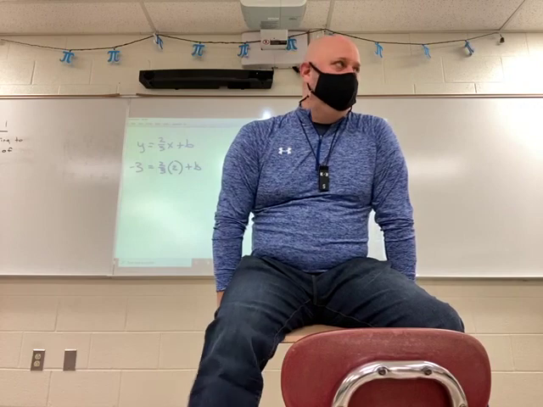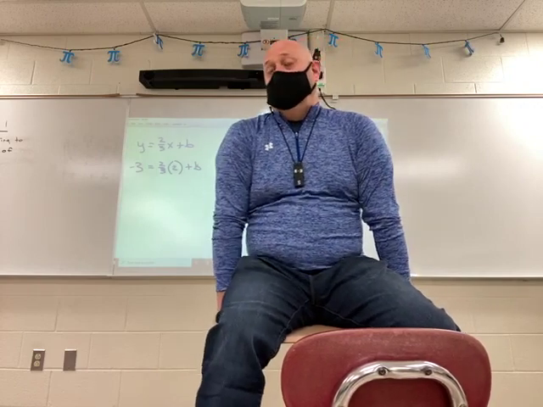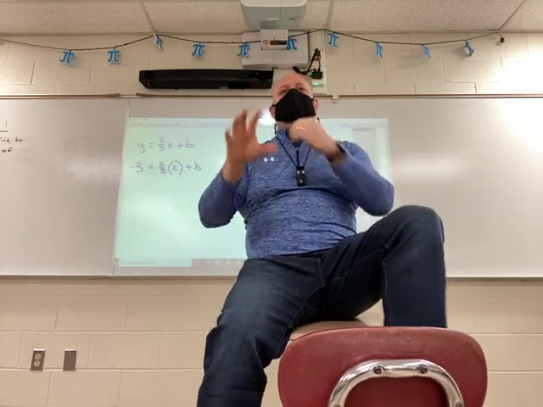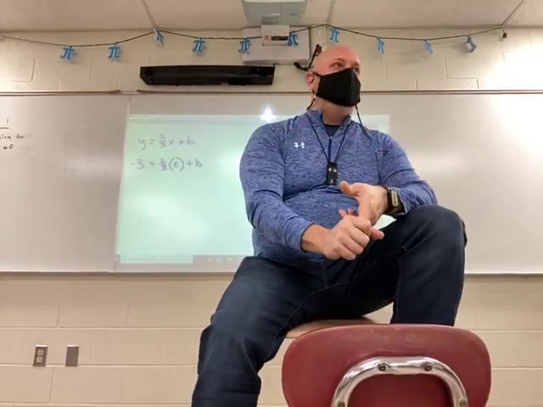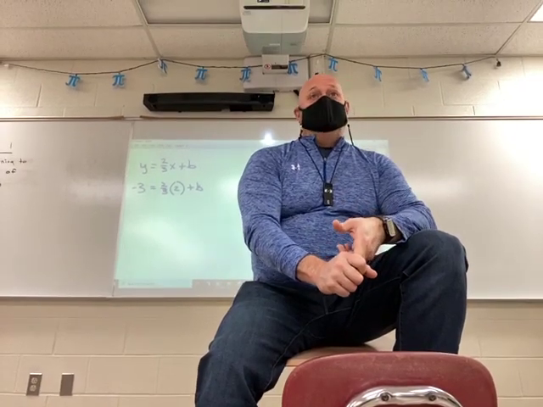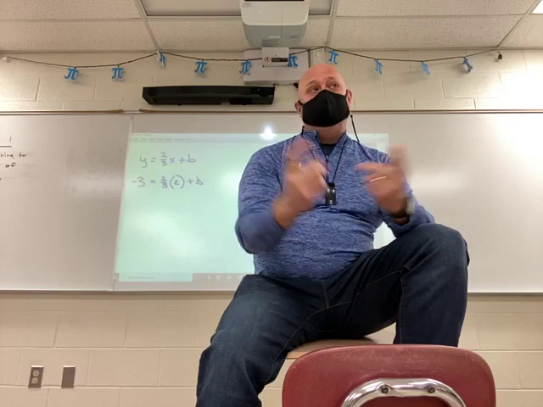How can we tell the difference between a parabola and a circle? Huh? But like specifically in the equation, how can we tell the difference between which one's a circle and which one's a parabola? Yeah, it's how many things are squared. Right now, if you see only one variable that's squared, that's a parabola.